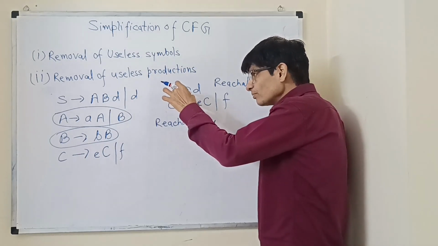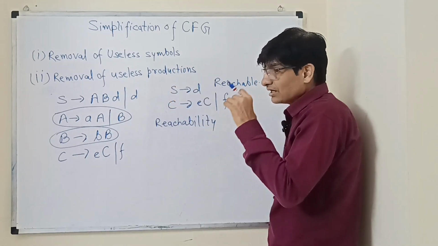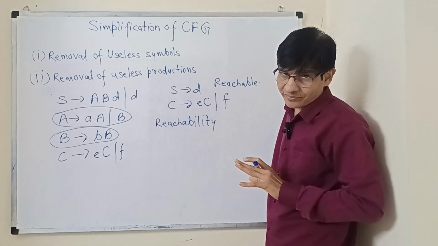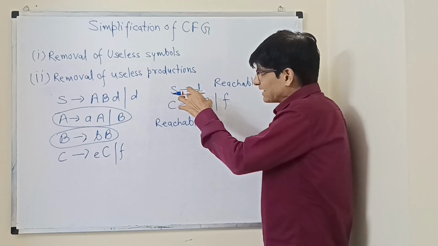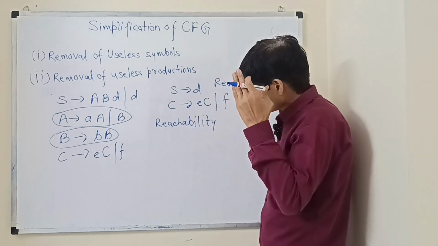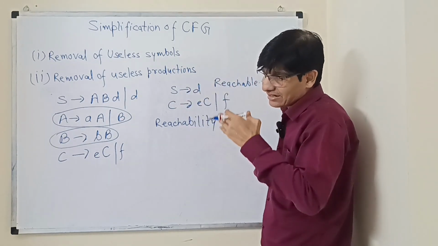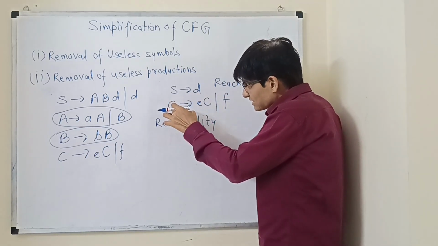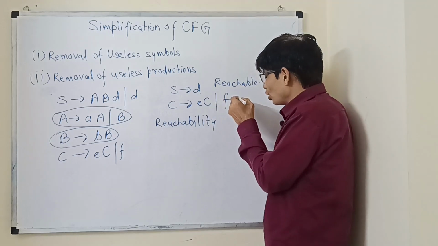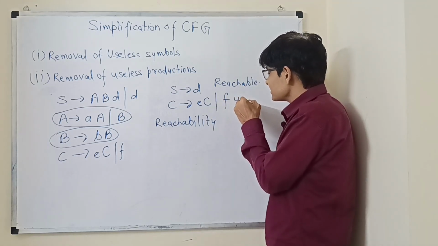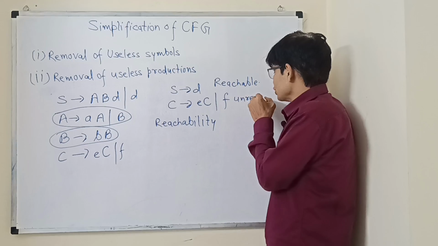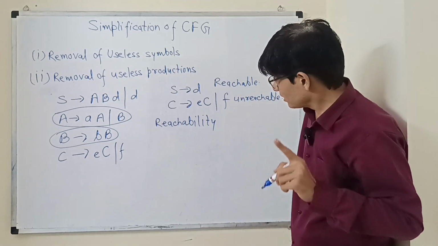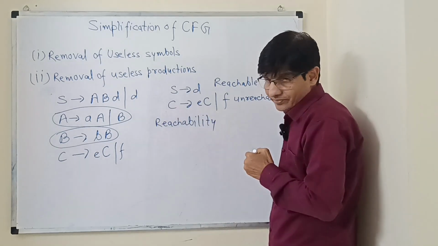Starting from S, using all possible productions, we cannot reach C because there is only one production, S gives D, and in any production of S there is no C, right? So this particular variable is unreachable. Starting from the initial symbol or start variable, we cannot reach C.